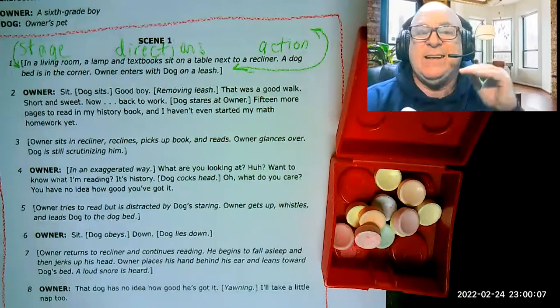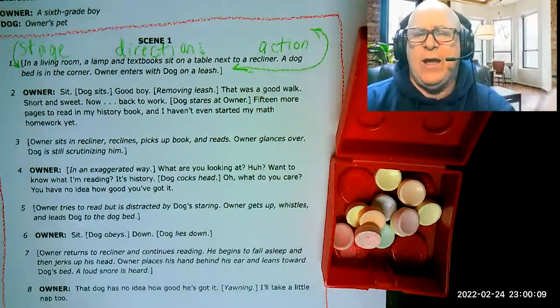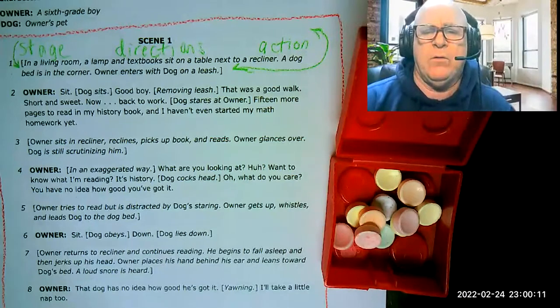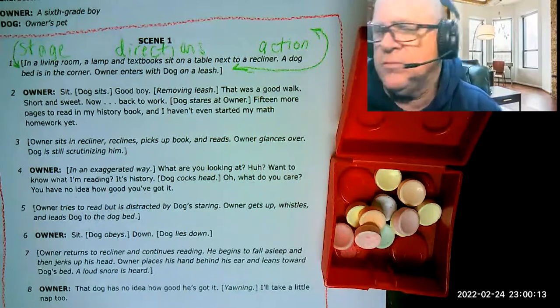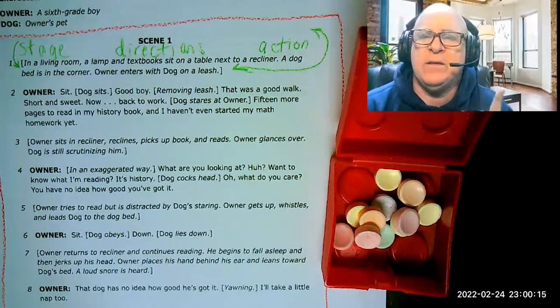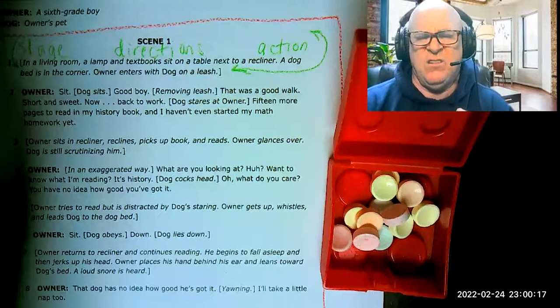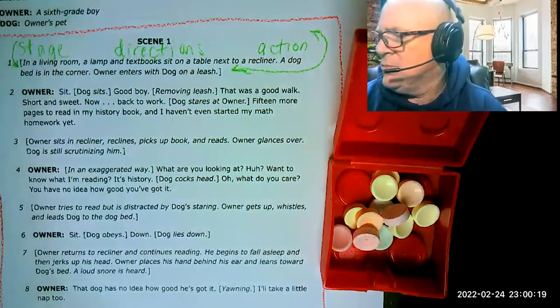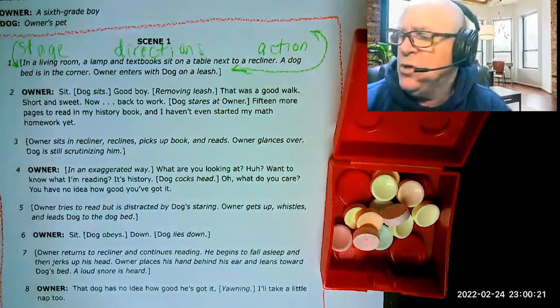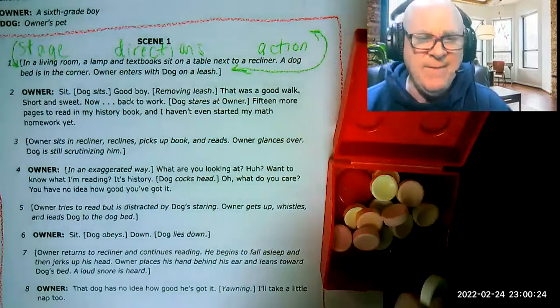Stage directions: in an exaggerated way. Action. What are you looking at? They tell me how to say that. Huh? A little bit confused. Want to know what I'm reading?